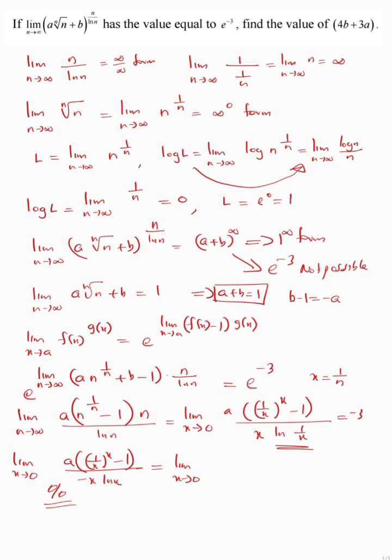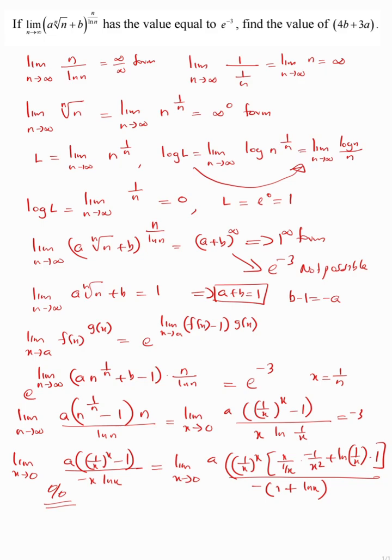Limit x tends to 0, a into the derivative of 1 by x raised to x, which is 1 by x raised to x into x by 1 by x into minus 1 by x square plus log 1 by x into 1, divided by the derivative of minus x log x, which is minus 1 plus log x.